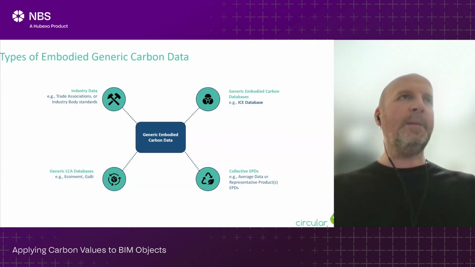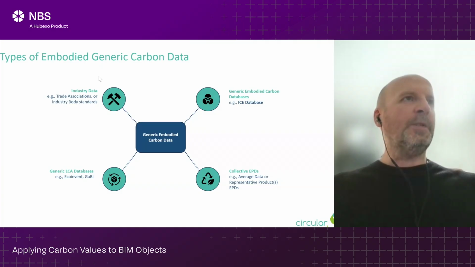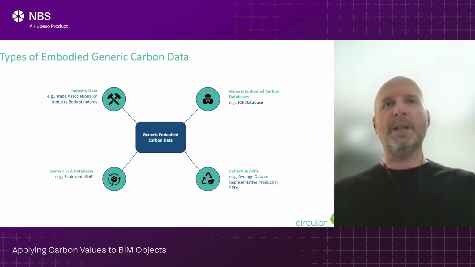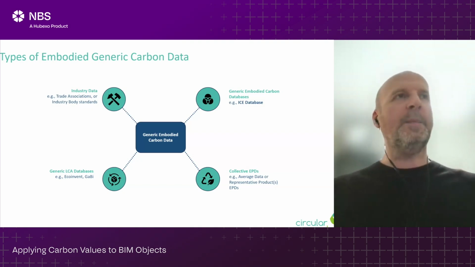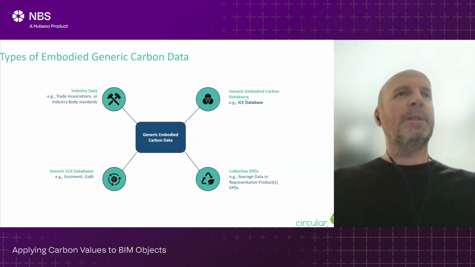Now, when it comes to types of generic embodied carbon data, there are many different types. On the top left there, good data sources are industry bodies and trade associations, which often publish embodied carbon data or environmental product declarations that represent their sector's typical products. Moving around clockwise, we have generic embodied carbon databases like the ICE database, which I'll talk a bit more about today.